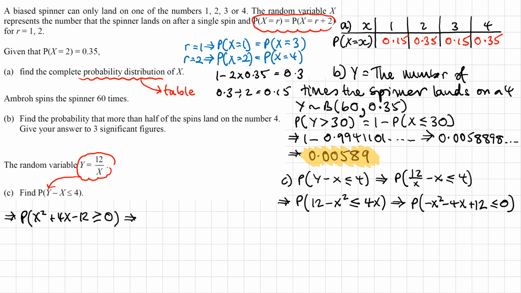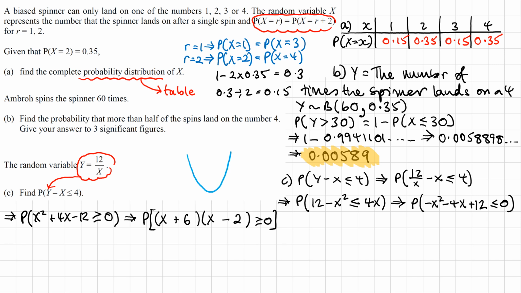So the probability of, now let's see, I want two numbers that multiply to give me -12 and add to give me 4, so that's going to be 6 and 2, and I want a +6 and a -2.